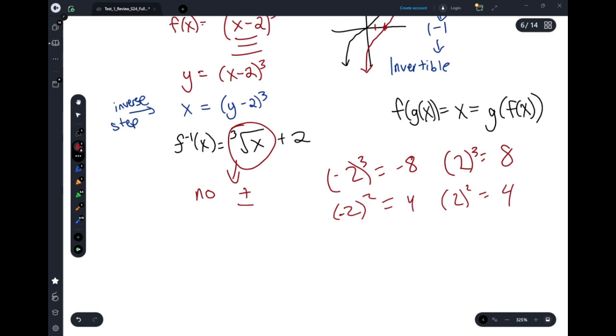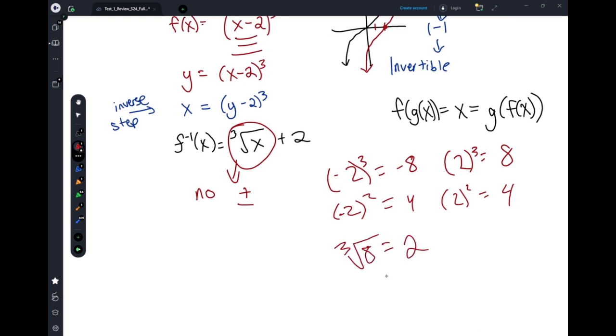And now if you were to go backwards, what's the cube root of 8? 2. Could it be negative 2? No, because negative 2 times negative 2 times negative 2 is actually negative 8, not 8, right? So it's not like the square root where you have an option and you don't know. You do know. Negatives turn into negatives, positives turn into positives with the cubic function. That's why we don't have that plus or that minus sign with the cubic.